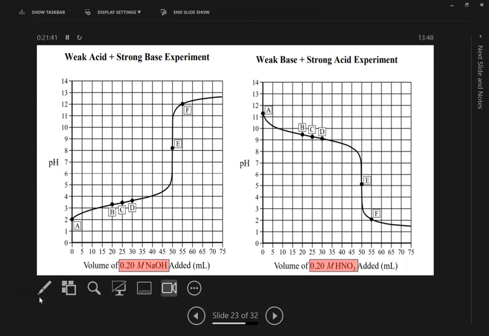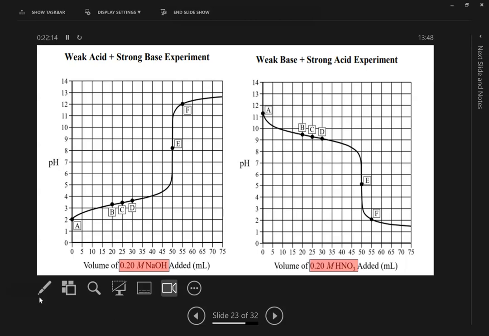But you can see the shape of the curves is the same, right? We decrease and we go through kind of a linear portion of the curve, considering that's a semi-logarithmic curve. And then we have this extremely sharp change in pH as we near the equivalence point. As we pass the equivalence point, the pH starts to change much more slowly, coming in at a very acidic pH because we're adding a strong acid.